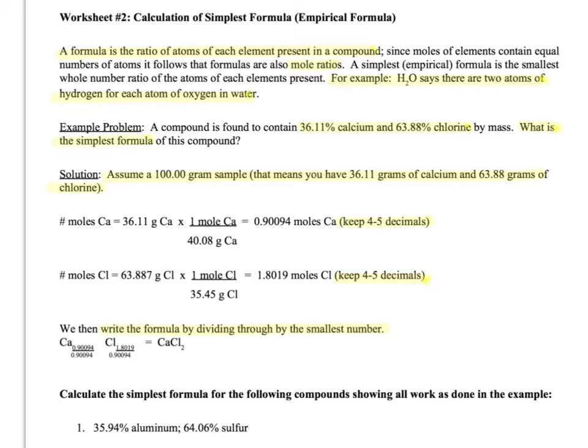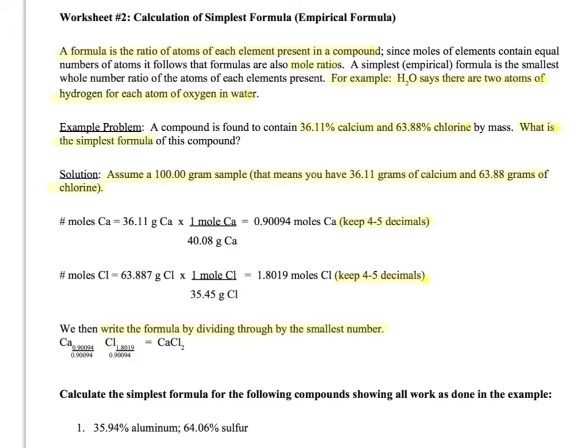H2O or NaCl, any formula like that, is really a ratio. It's telling you how many atoms of one element you have for how many atoms of the other element. And these are actually mole ratios, so they're not in molecules or atoms or liters, but in amounts of moles.